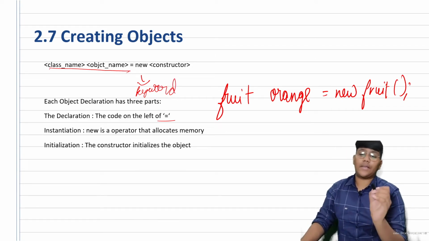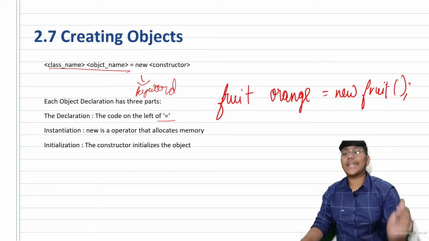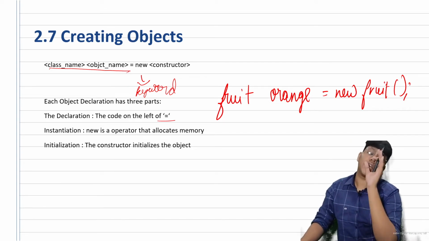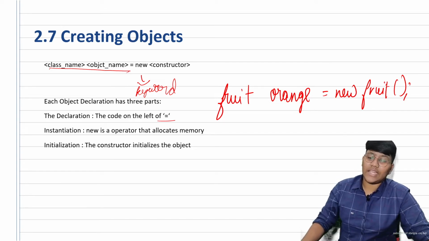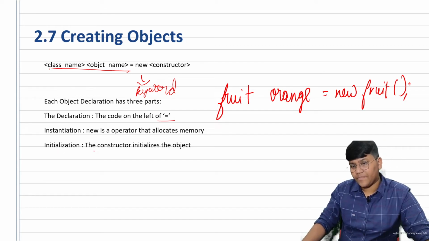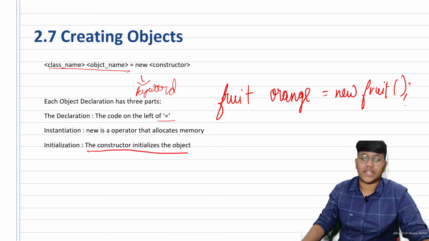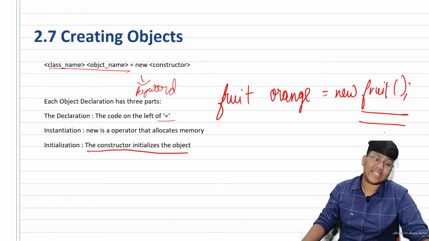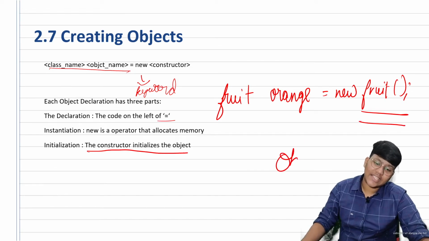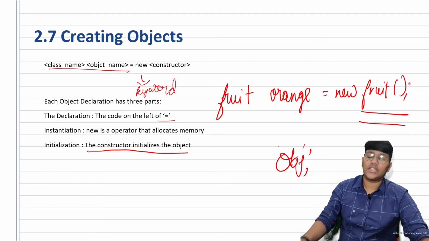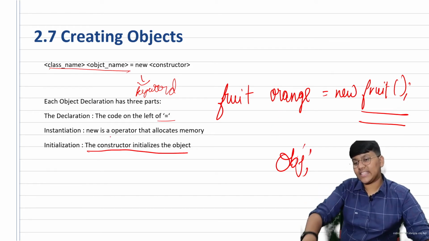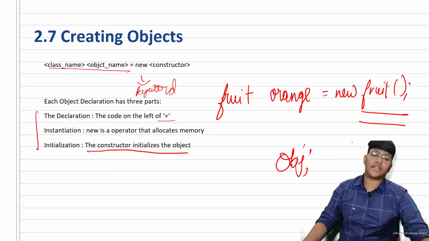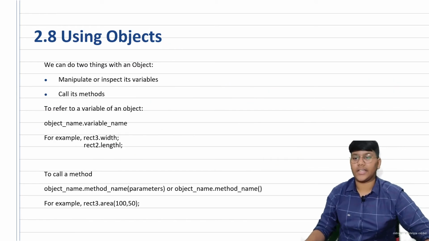For example, new here will allocate a memory space to the object orange. Now initialization: the constructor initializes the object. So we are doing these 3 things in one statement. What are constructors? We'll learn ahead.